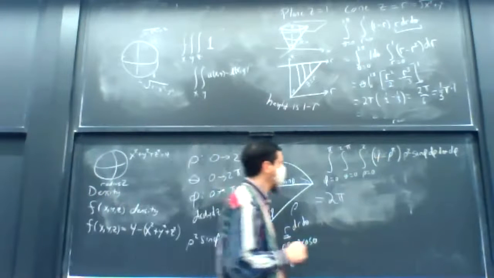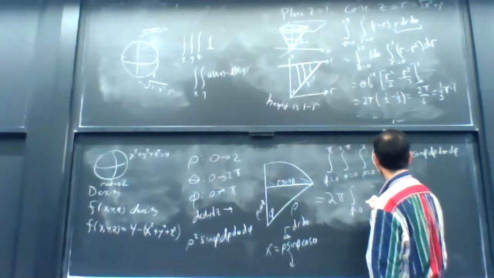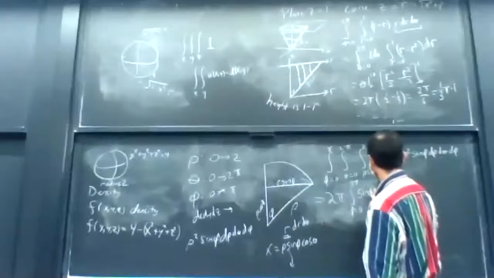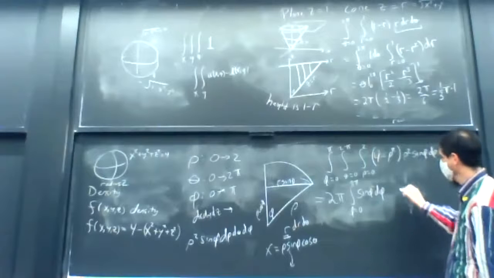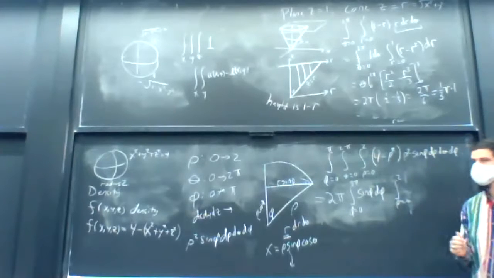And so now I have my phi integration. It's going to be the integral phi goes from 0 to 2 pi of sine of phi d phi, and then the integral rho goes from 0 to 2. How should I write the rho integration?